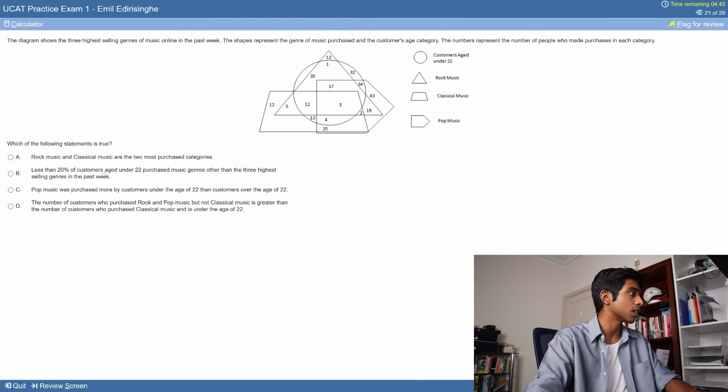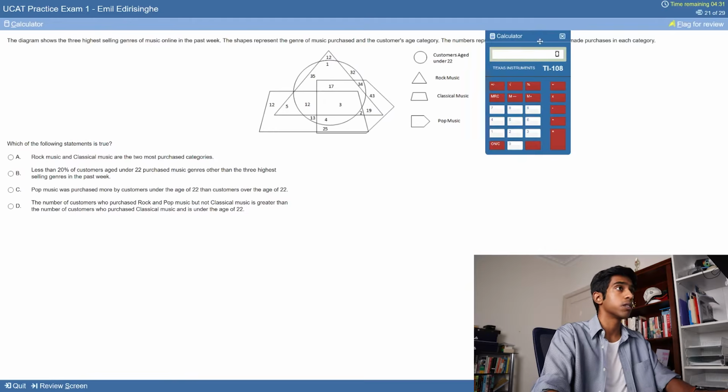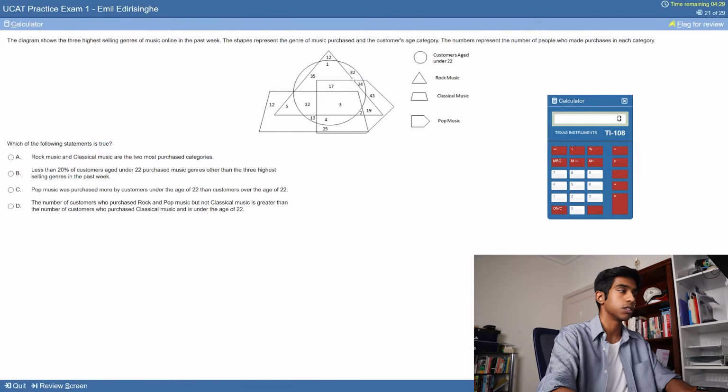Less than 20% of customers aged under 22 purchased music genres other than the 3 biggest selling genres. So less than 20%, we'll have to add everything in this. So we'll do 32 plus 35 plus 34 plus 17 plus 3 plus 12 plus 13 plus 4. 150.